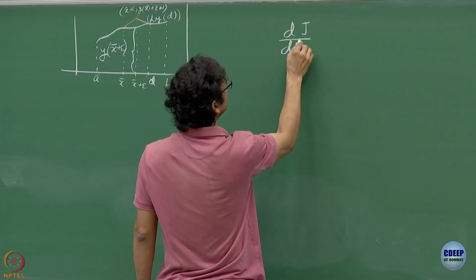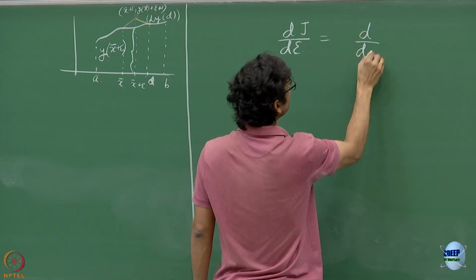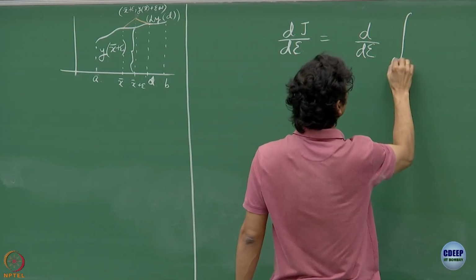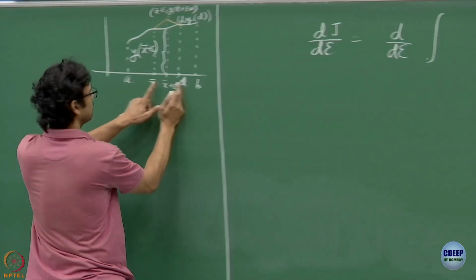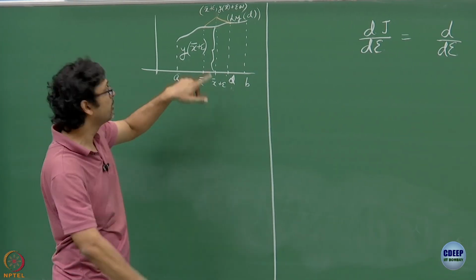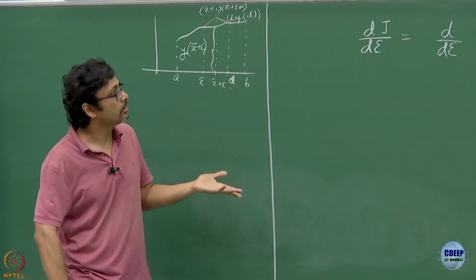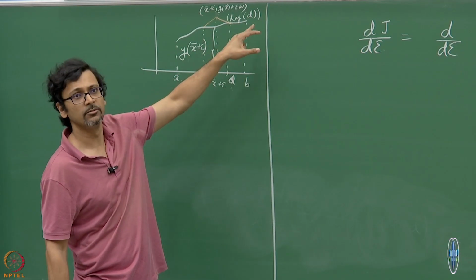Yeah, okay. So now this is what we were after, right? So this means we are essentially only going to look at this interval between x bar to d, because that is the only place where it differs from J, the original J for the unperturbed curve.